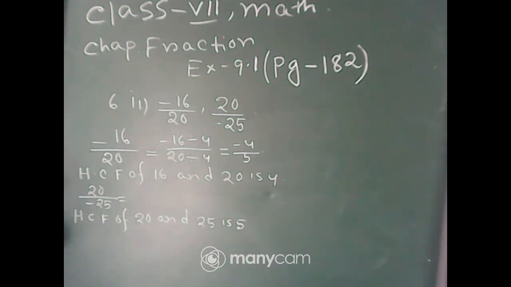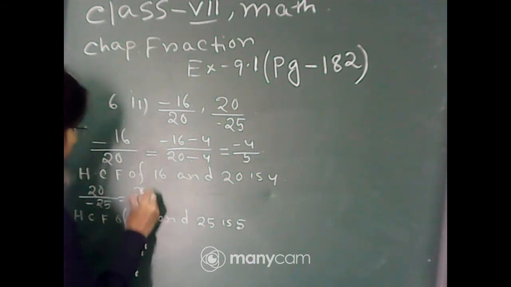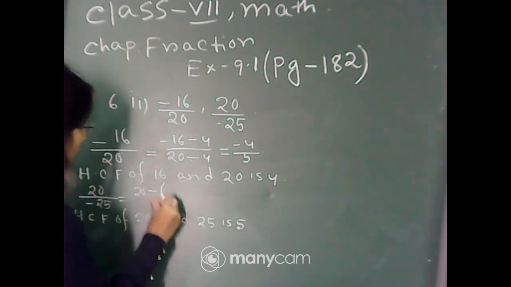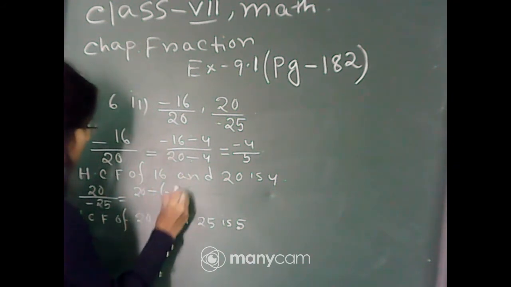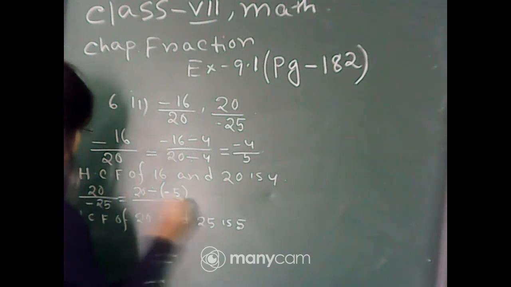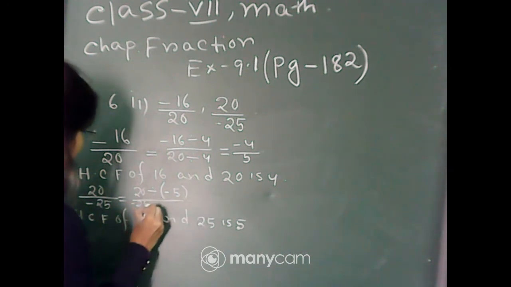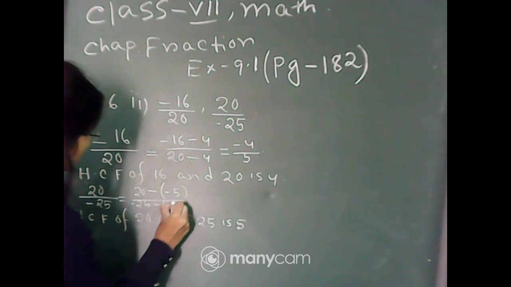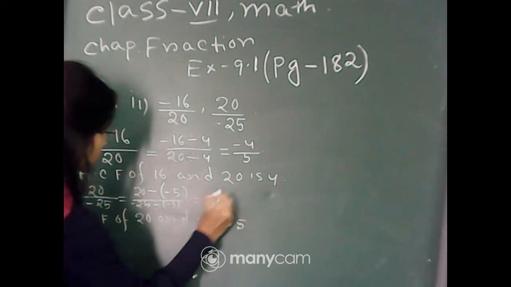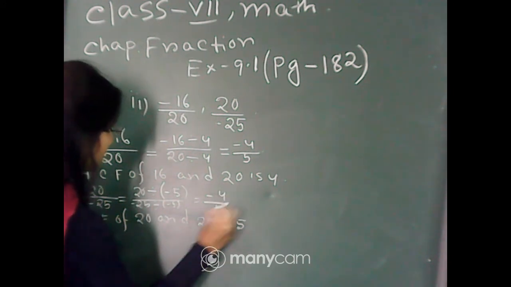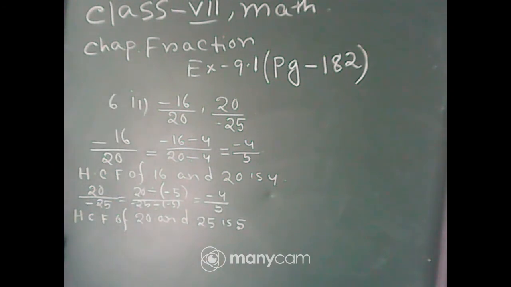Therefore, to make the denominator positive, we divide both the numerator and the denominator by minus 5, that is, minus HCF, and we get minus 4 divided by 5. So, the pair represents the same rational number minus 4 divided by 5.